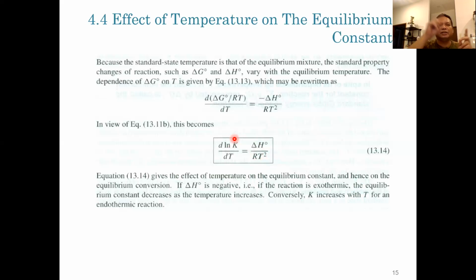For endothermic, H equals U plus PV. Endothermic is cold, so it absorbs heat and U increases, so delta H will be positive.